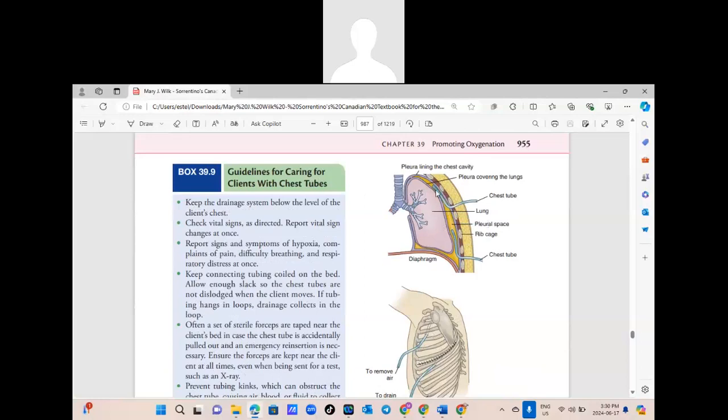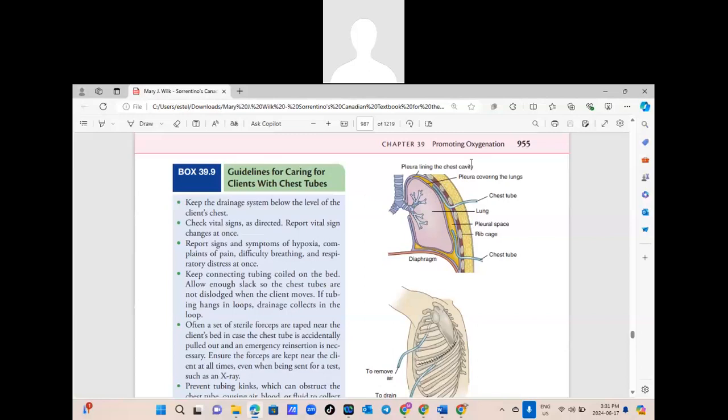This is the pleural space. Have you seen the yellow one? This is the pleural space, and this is the chest tube. Chest tubes are inserted, maybe one, depending on where it is and what the cause is. Is it caused by blood? Is it caused by air?